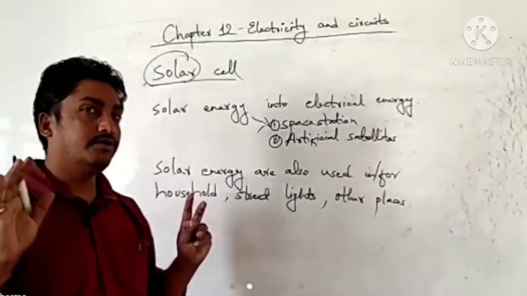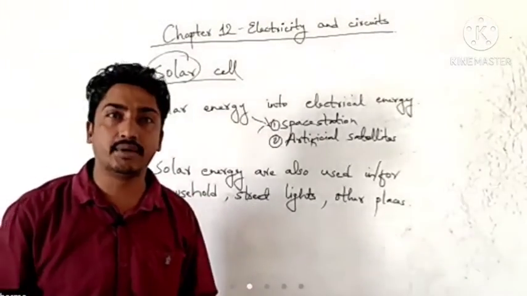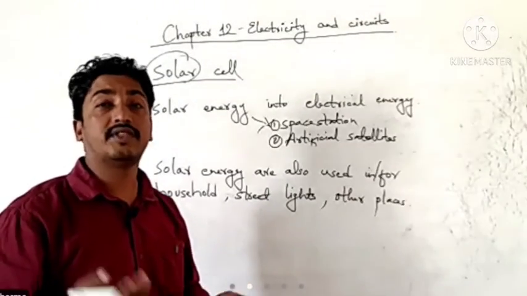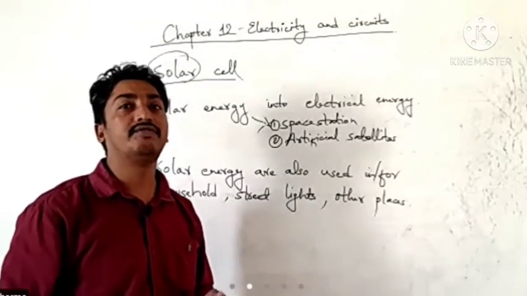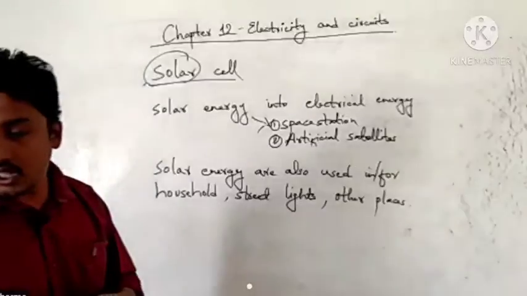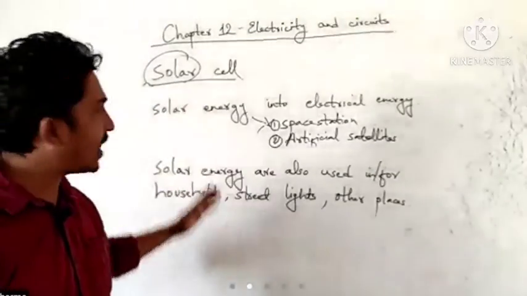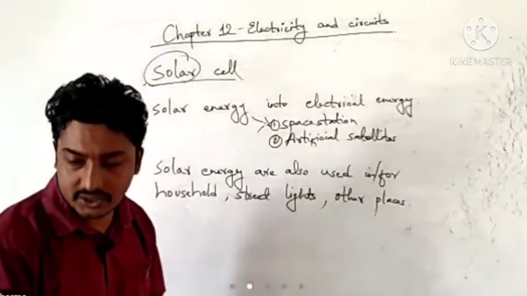So for small appliances like lighting a bulb, and even solar cookers nowadays, that is very much effective. So this was all about the solar cell or solar panel, or you can say solar energy.